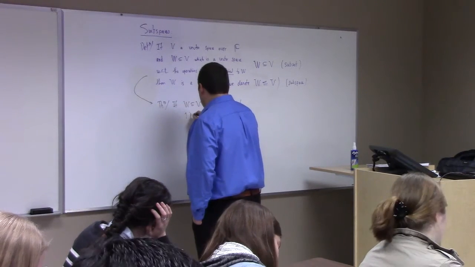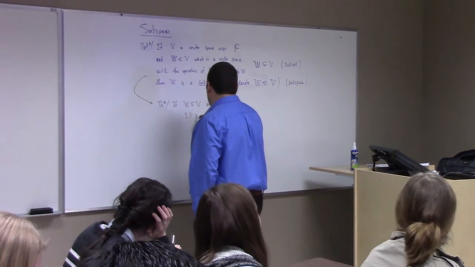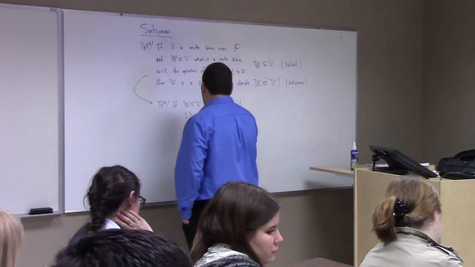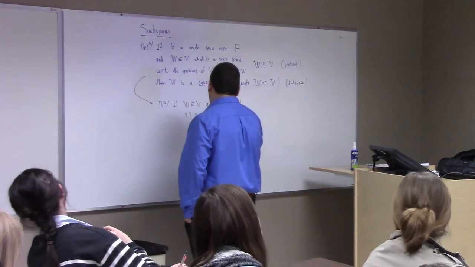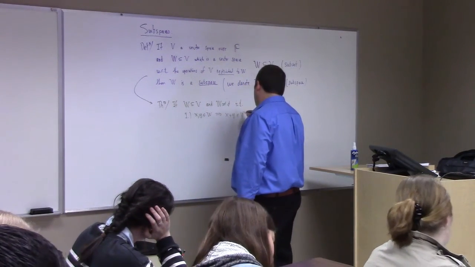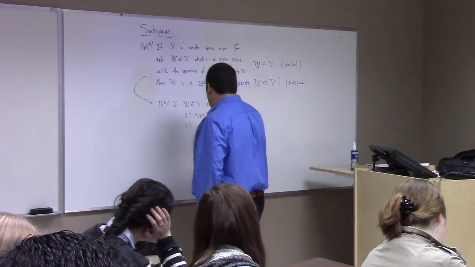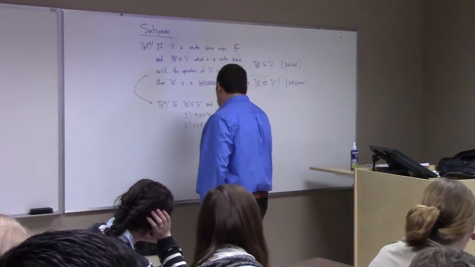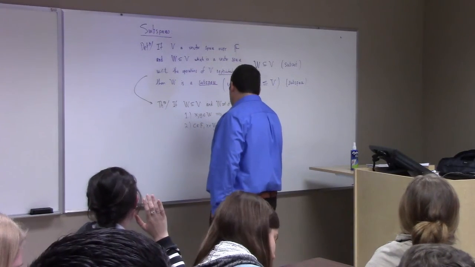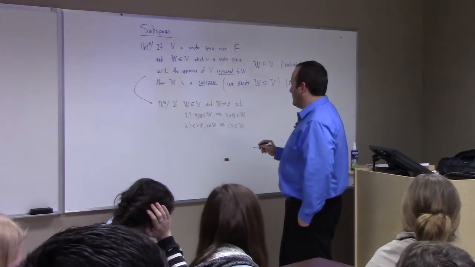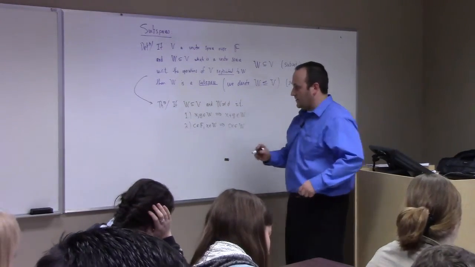One, if x and y are elements of W, that implies x plus y is an element of W. And two, if C is in the field and x is in W, that implies that Cx is in W. I'm sorry, I seem to have neglected an important detail here.